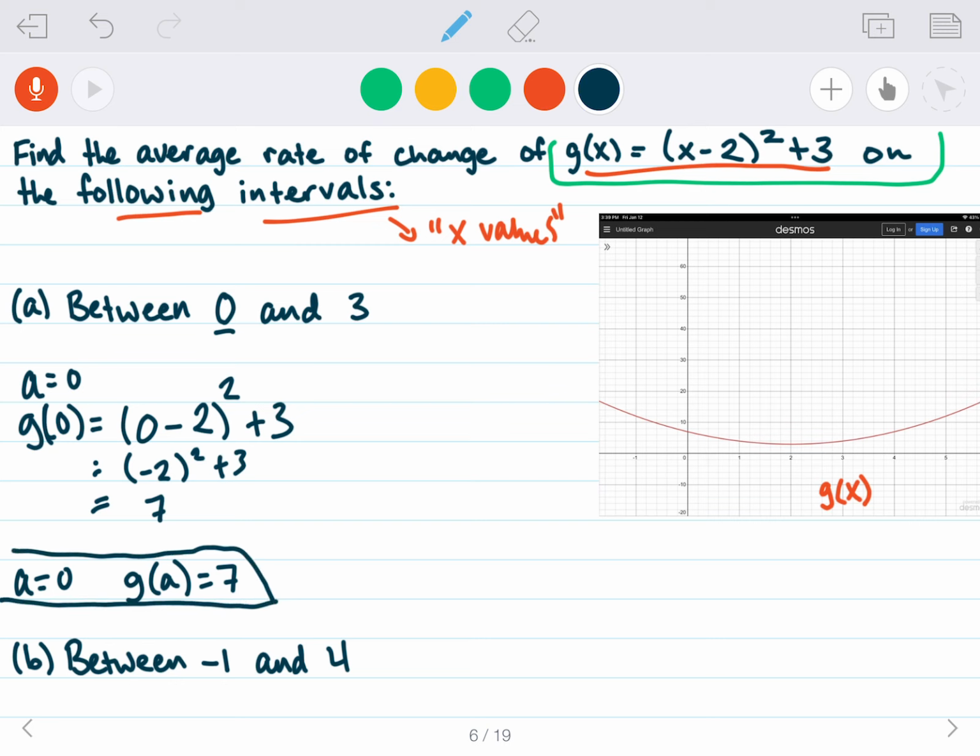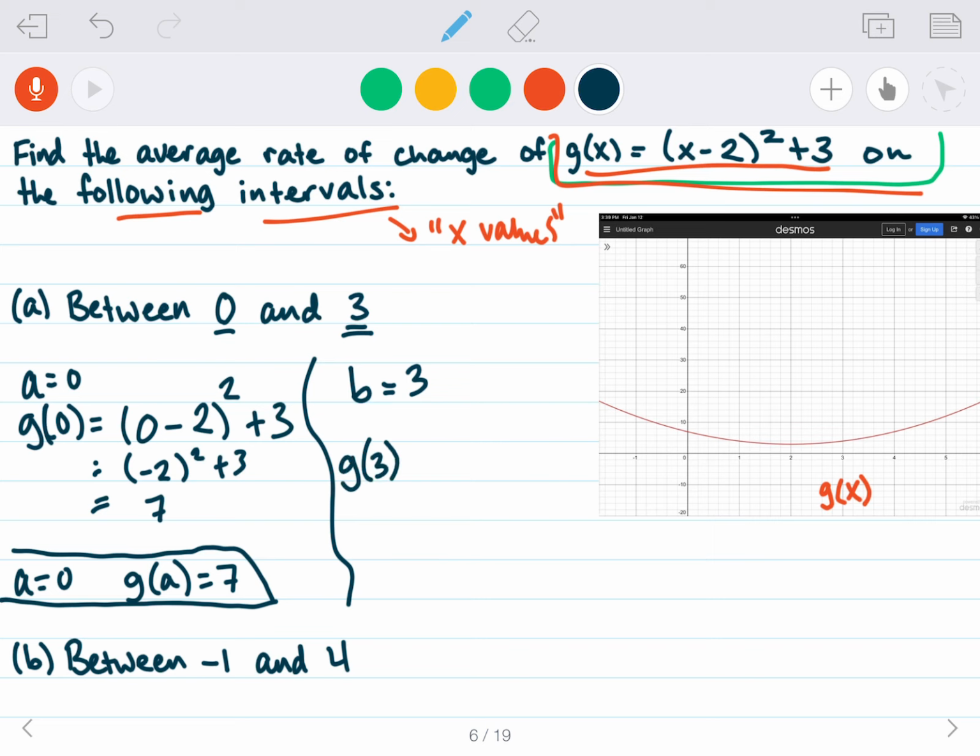All right, now we need B, so our ending input is 3, right? That's our interval. So now we look at 3, and again, we can't really see from the graph what that output is going to be. It's not immediately obvious, but we can use our function rule up here to see what happens when I plug in 3 into my function.